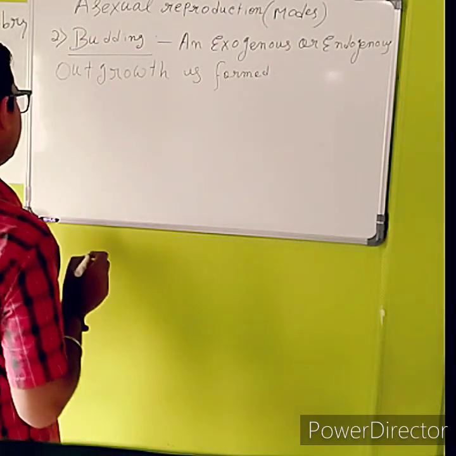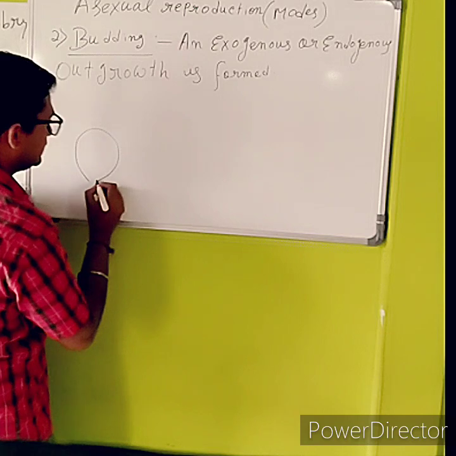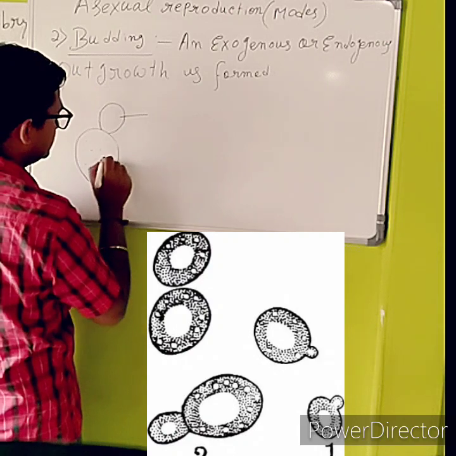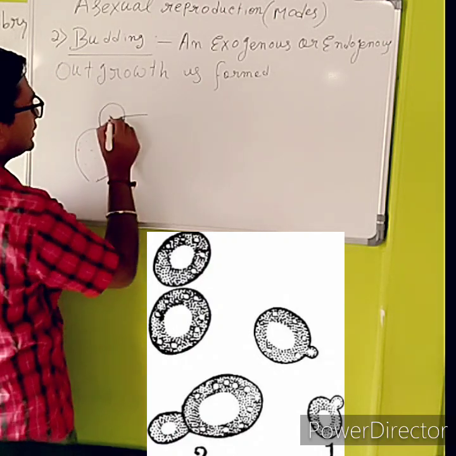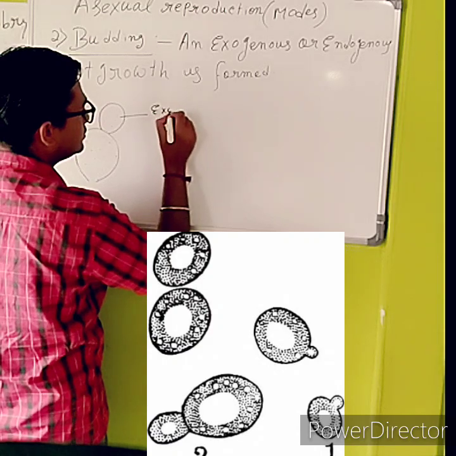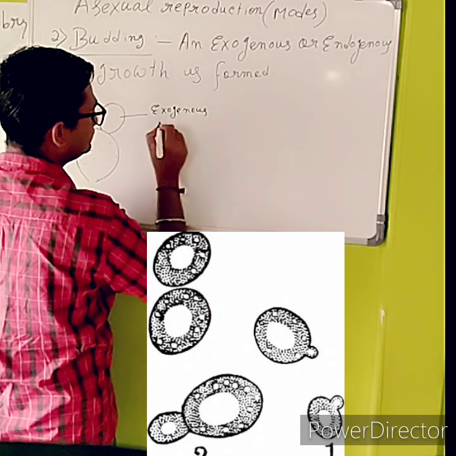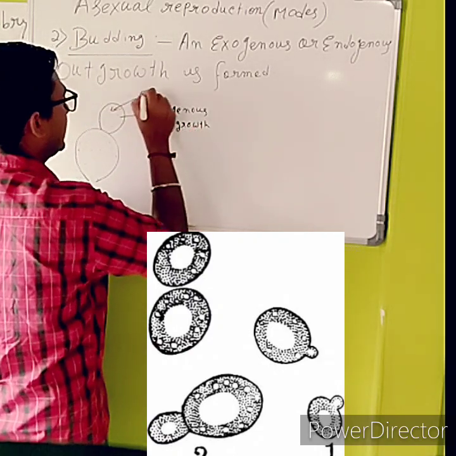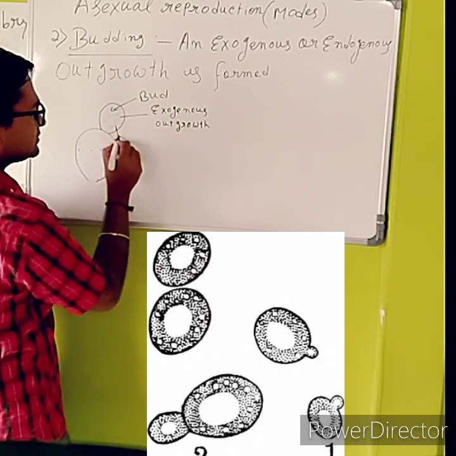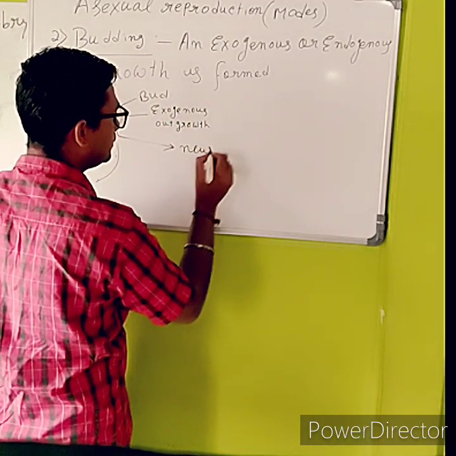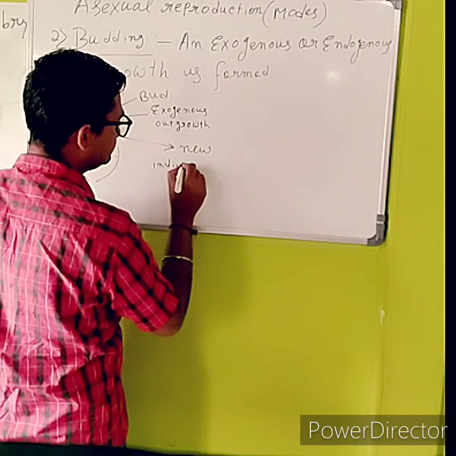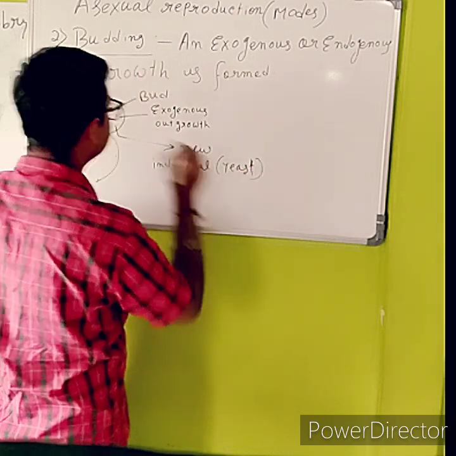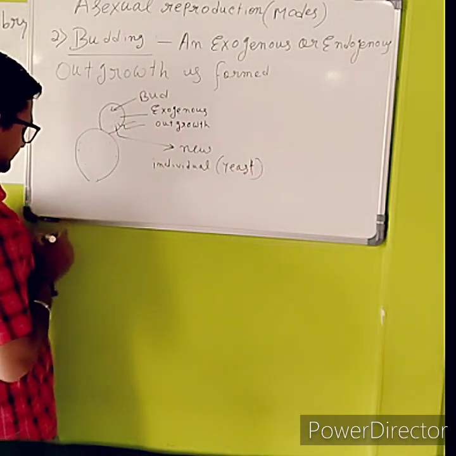After liberation, it can give rise to a new individual. This is a yeast cell I have drawn here. An exogenous outgrowth is formed, so it is called an exogenous bud. After detachment, the bud will form a new yeast cell. It is commonly observed in yeast.